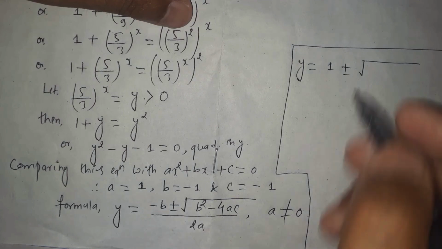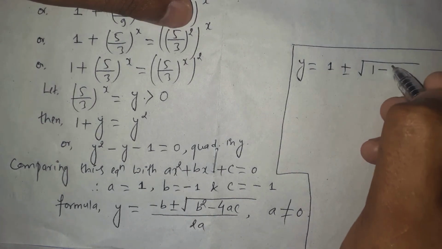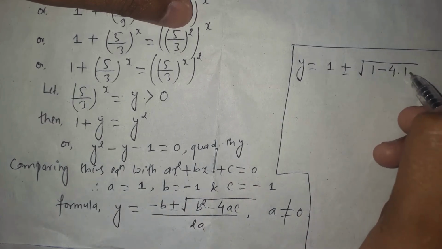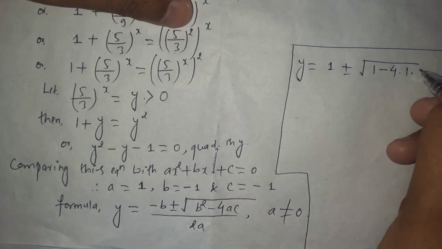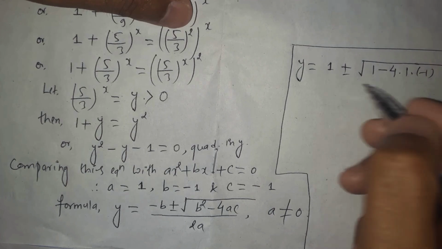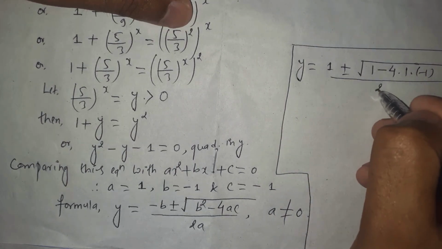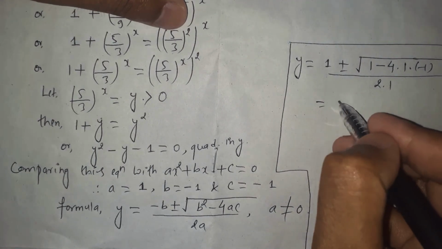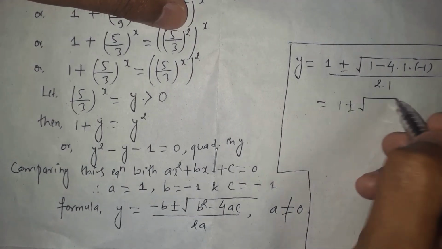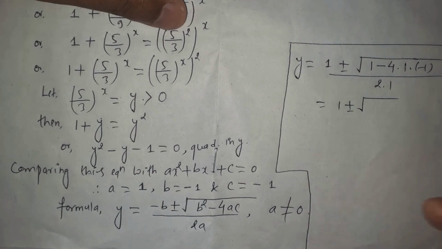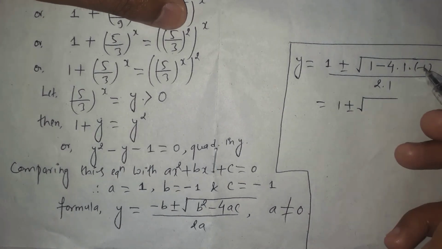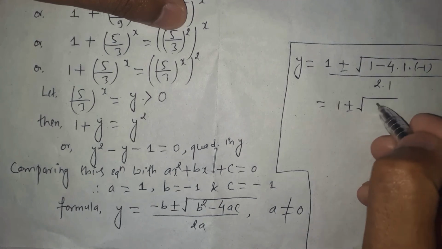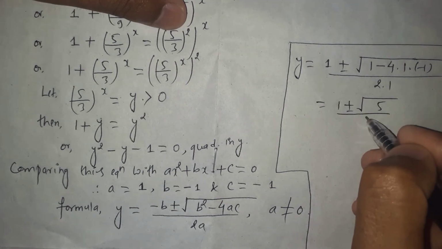Here b is negative 1, and negative 1 square is 1, minus 4 times ac. Here the value of a is 1 and the value of c is negative 1, over 2 times 1. This simplifies as 1 plus or minus, inside the radical sign, 4 times negative 1 gives negative 4, and this will be positive. And 1 plus 4 gives just 5, over 2 times 1 gives 2.